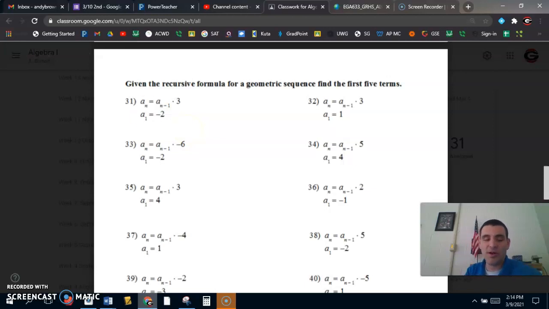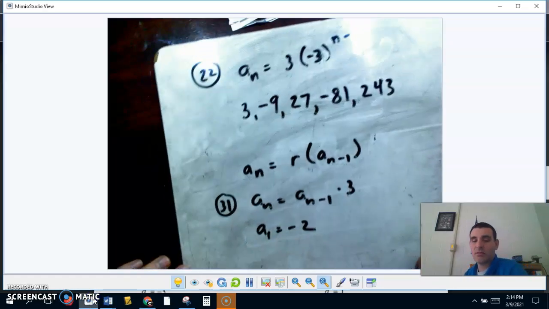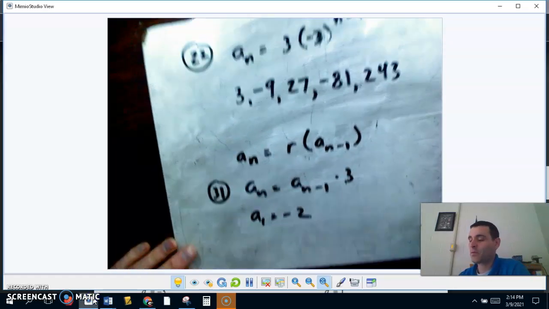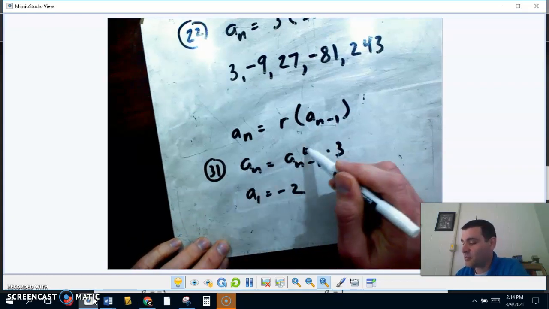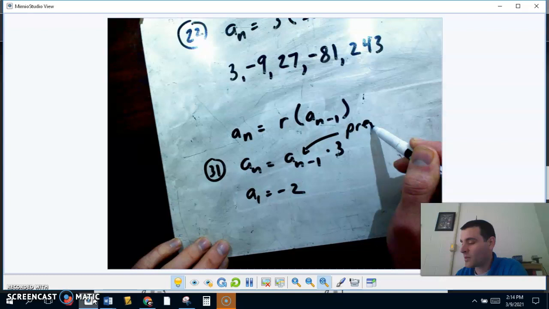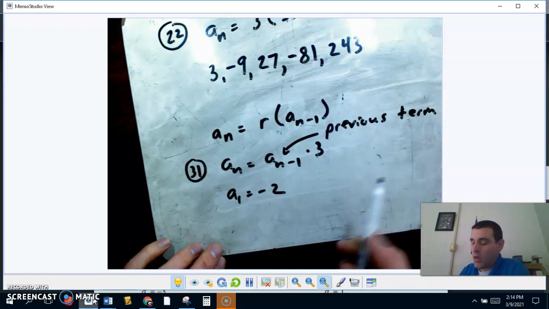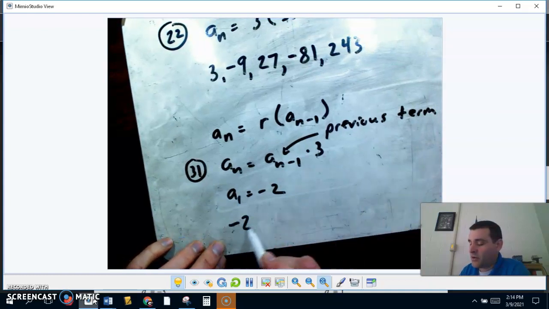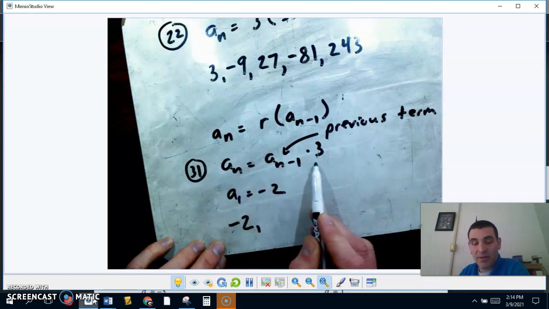So let's go to our board here and figure out the terms after that. It's just understanding what this means, understanding that this means previous term is key here. All right, so my first term is negative 2, and to get to any term, you multiply the previous term by 3.